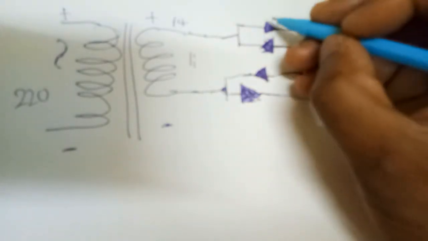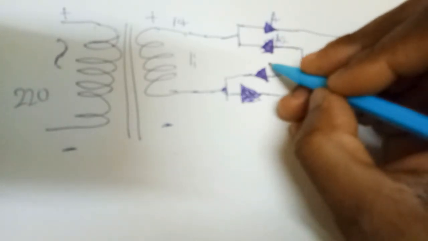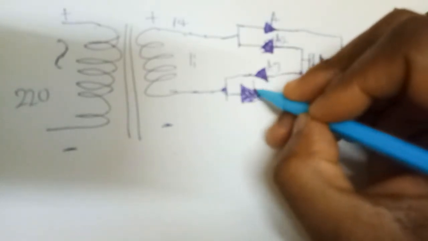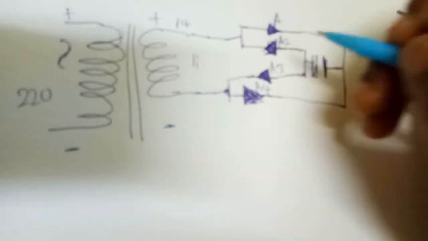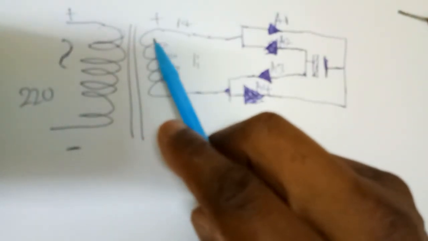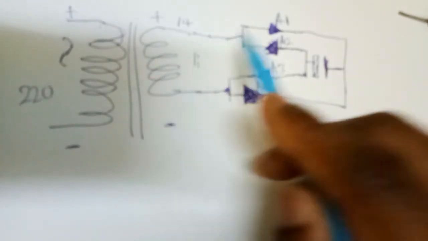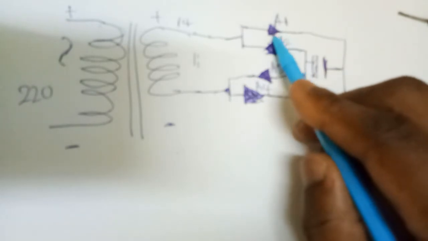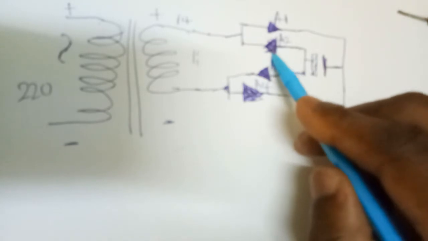Let's label this A1, A2, A3, A4. So during the positive half cycle, A1 is forward biased, A2 is reverse biased.